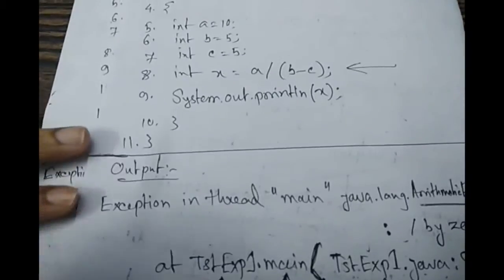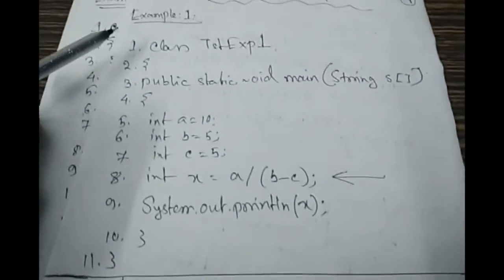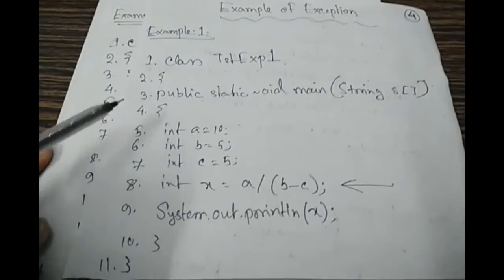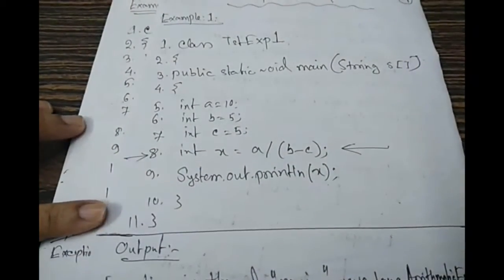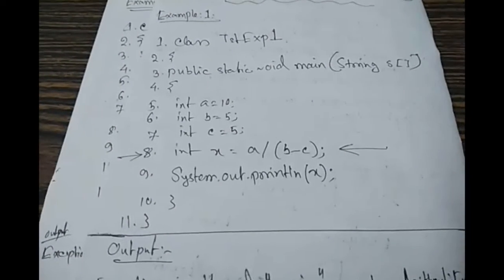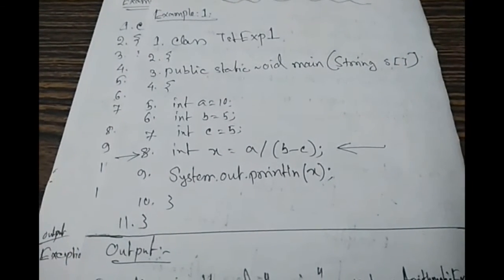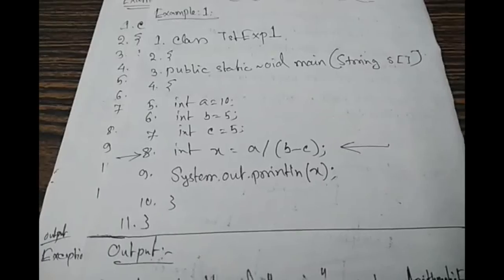So if I write the line numbers like 1, 2, 3, 4 and so on, you can find that the line number is 8 where the division by 0 error, the arithmetic exception, occurs.